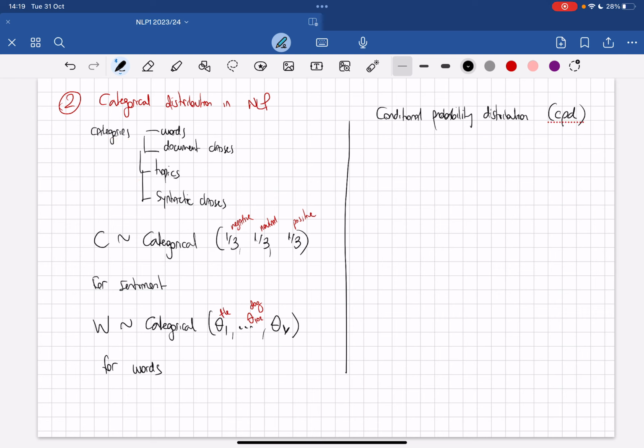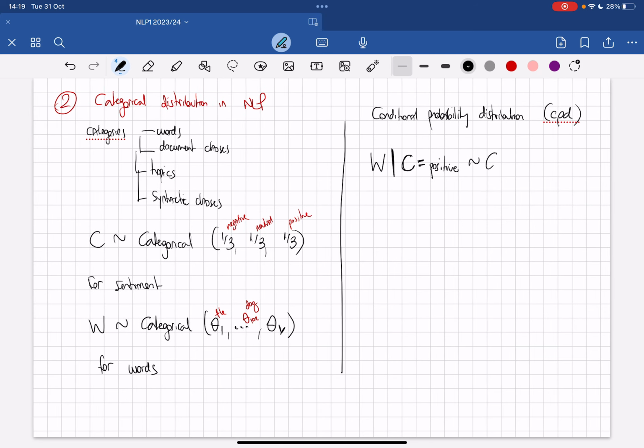So for example, we might be interested in the distribution of words given that we are talking about a document that is overall positive. And that is a categorical random variable with parameters theta positive 1 through theta positive v.